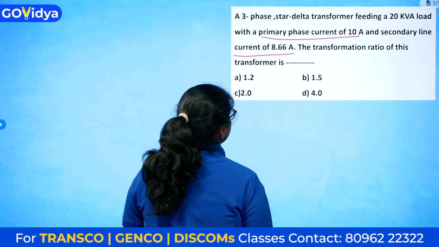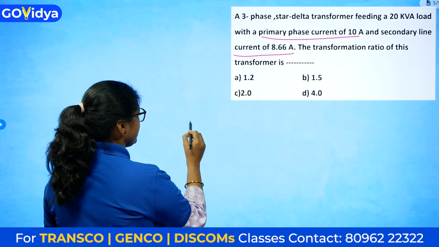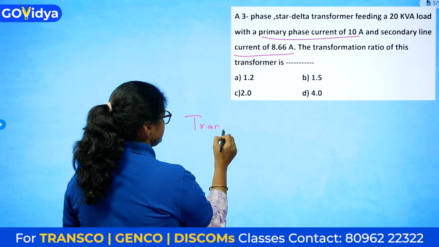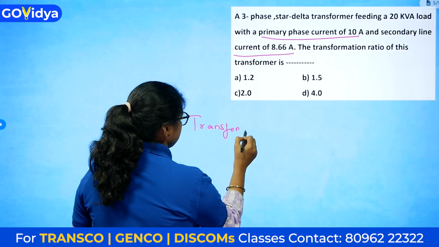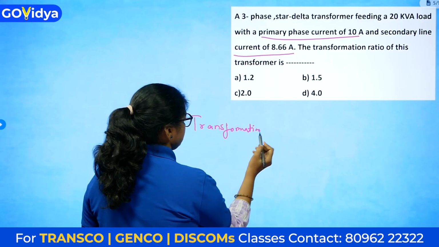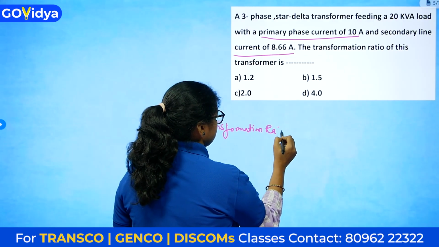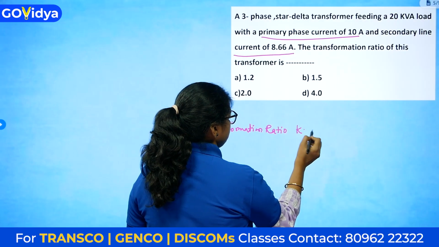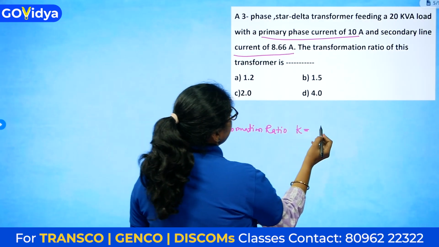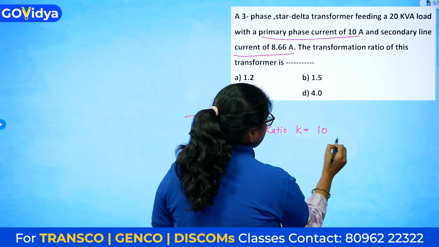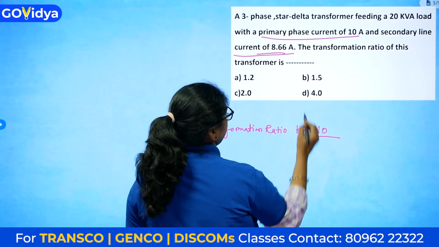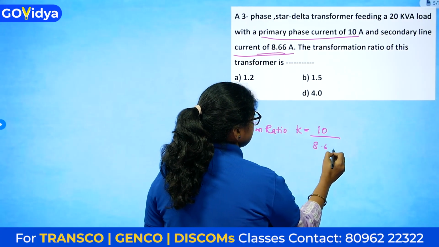What is the transformation ratio? We know the formula: transformation ratio K is equal to the primary phase current, 10 amperes, and the secondary line current, which is nothing but 8.66.